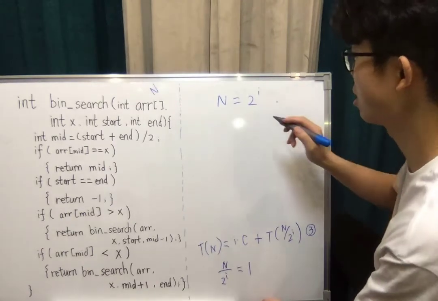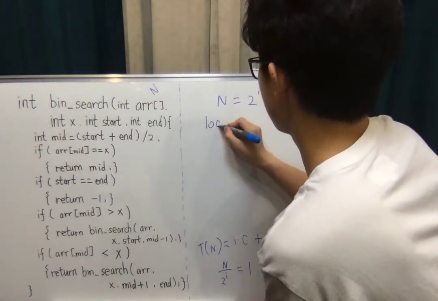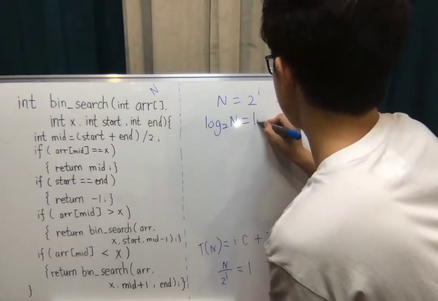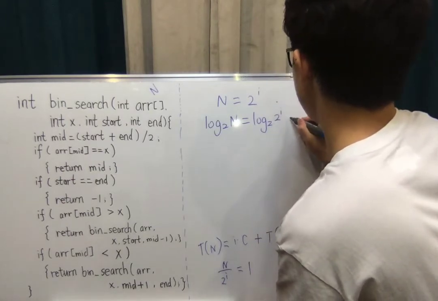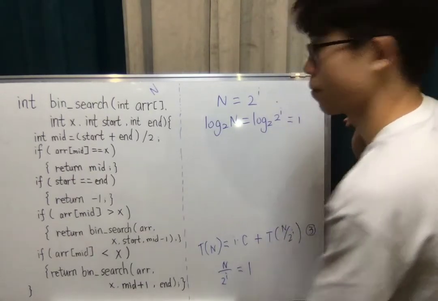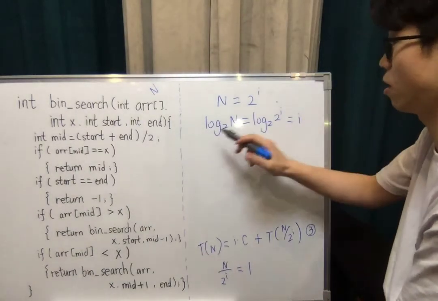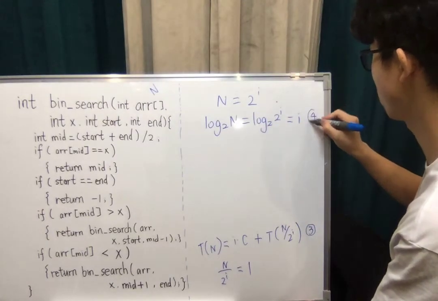Then if we take log on both sides, we will get log 2 n is log of 2 to the i, which is i. Then we can find that i is equal to log 2 n, right? Let's call this formula 4.